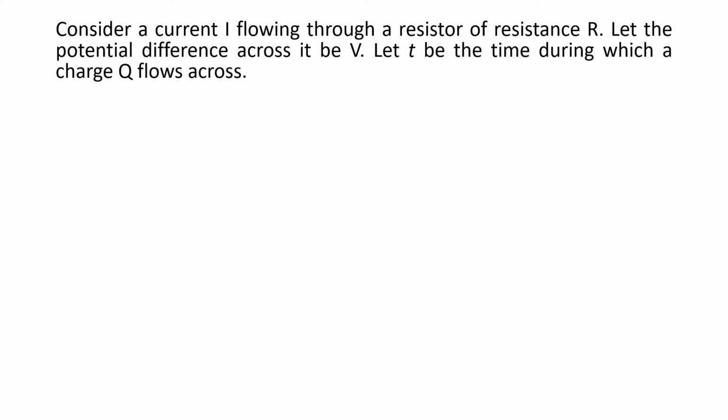Let T be the time during which the charge Q flows. So remember all this. In the circuit, the voltage applied is V, the resistance is R, the current flowing is I. Now the current is I equal to Q by T. So the charge Q is flowing for time T. These are the considerations of a purely resistive circuit.